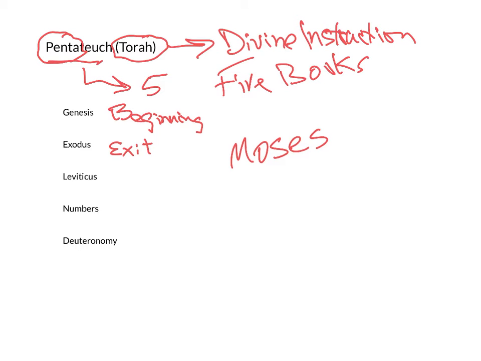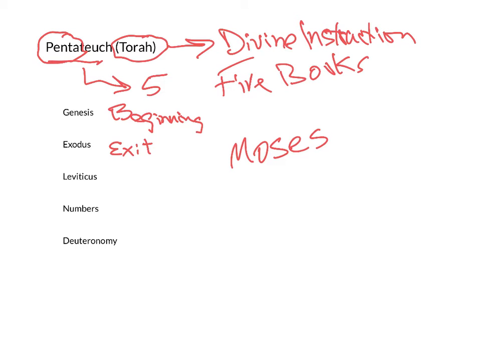And that exodus from Egypt to return to the land of Abraham, the land of Israel, was such a pivotal event that it marked all of Jewish history forever and ever. And the book of Exodus is about that event and the things surrounding it.